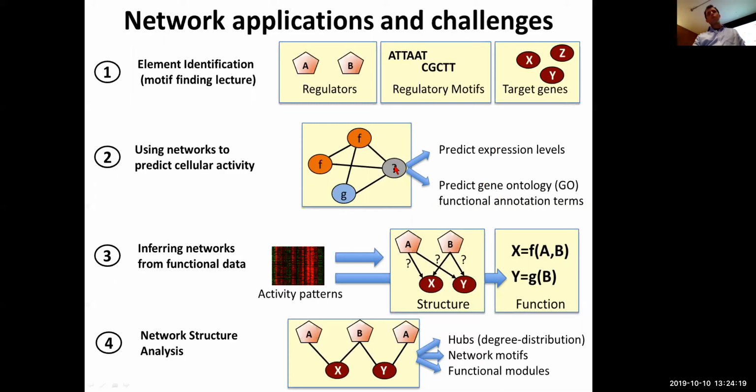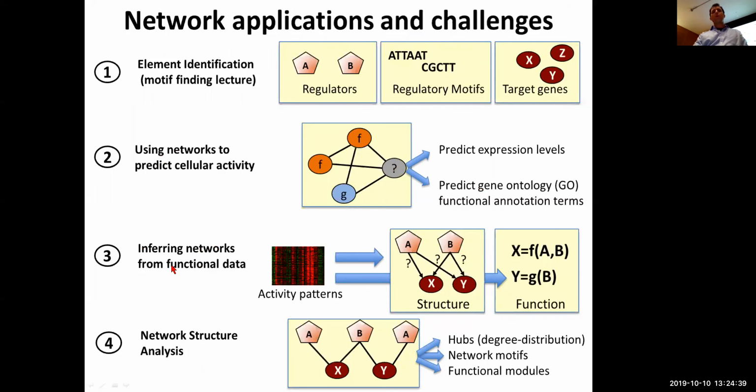Or you may have genes that are well annotated, interacting or being co-expressed or being co-regulated with proteins of unknown function. So what you'd like to do is predict the function of these proteins. So that's a second type of prediction challenge.